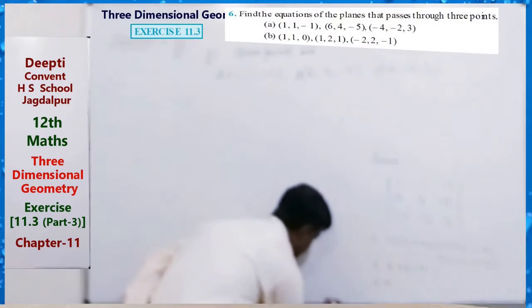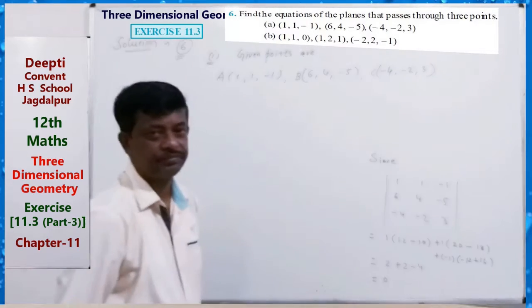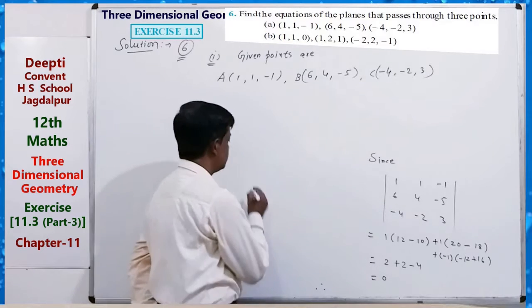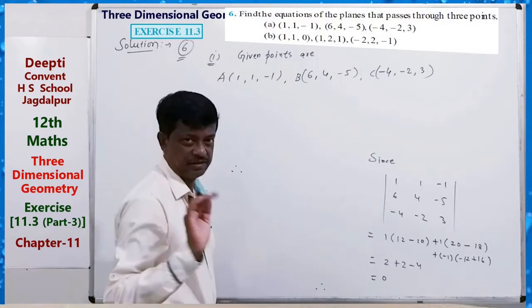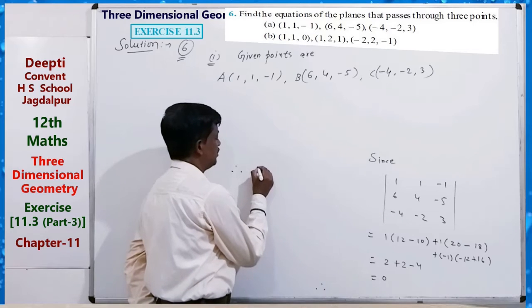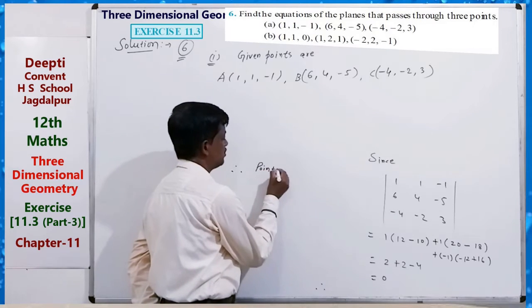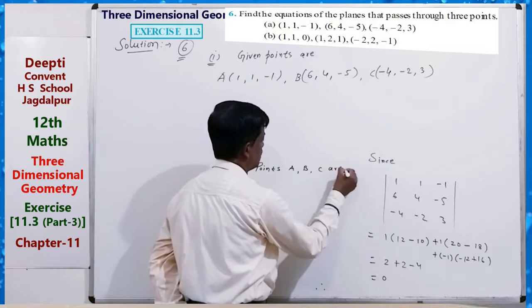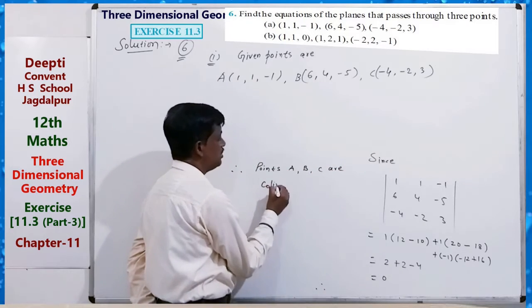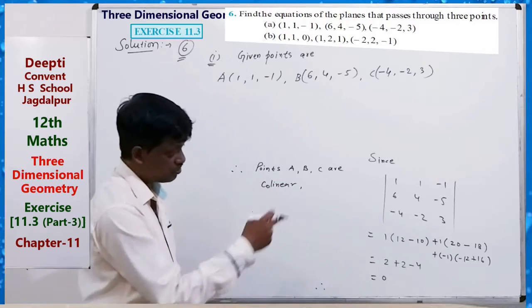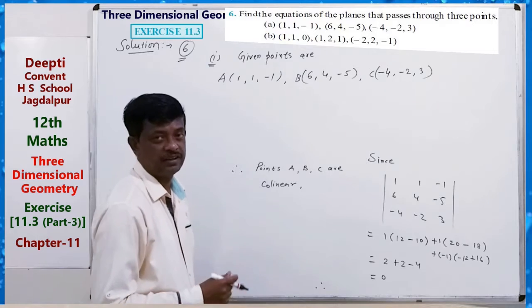Therefore, since the determinant is equal to 0, the points A, B, C are collinear.